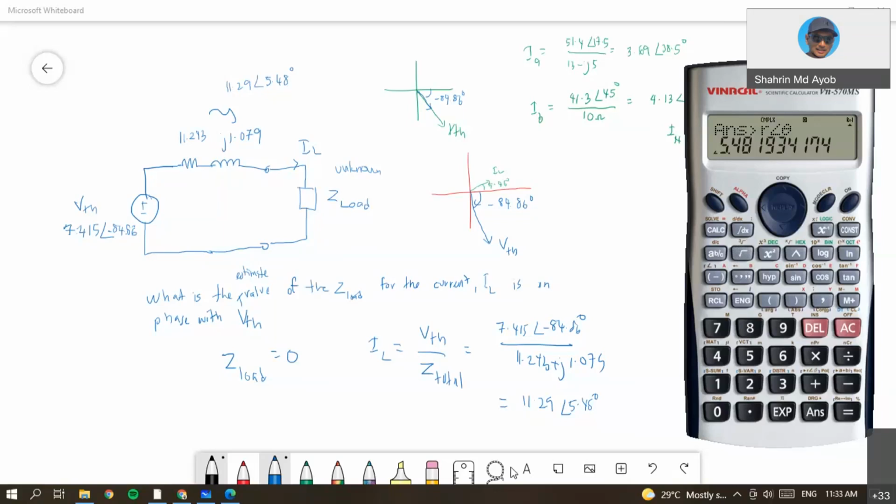Okay, IL. Maybe there's some miscalculation. What is the answer, Yuyin, for the IL if Z is 0? Maybe I mistyped something, but it doesn't matter, because your friend's answer that Z equals 0 is incorrect.